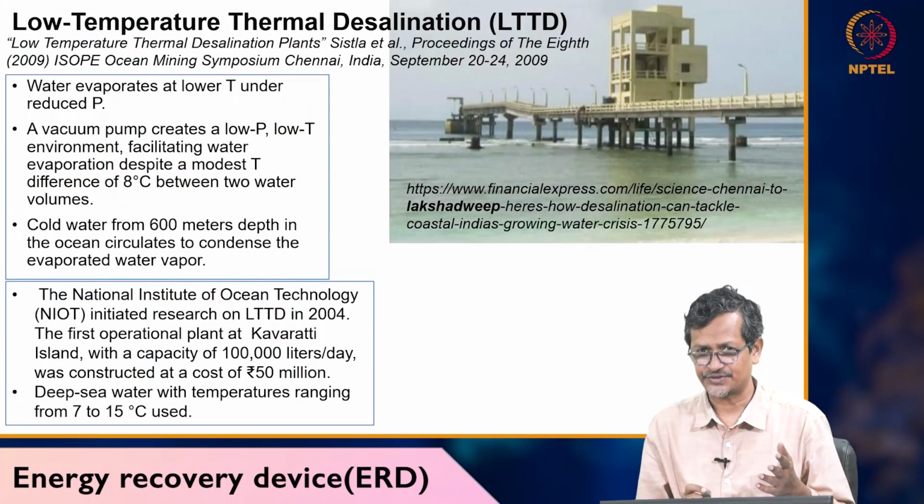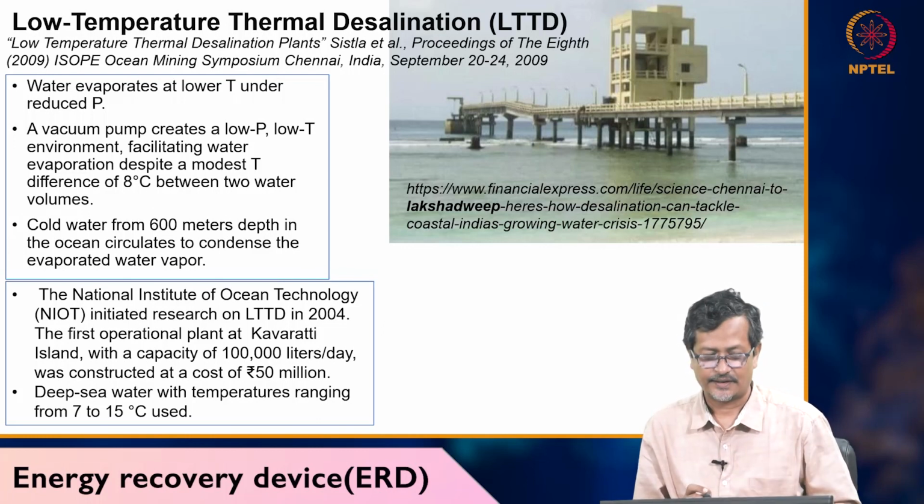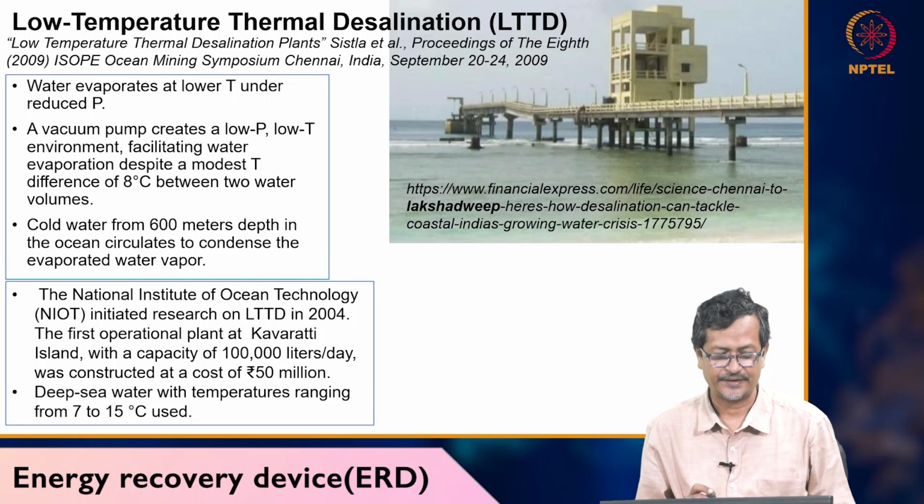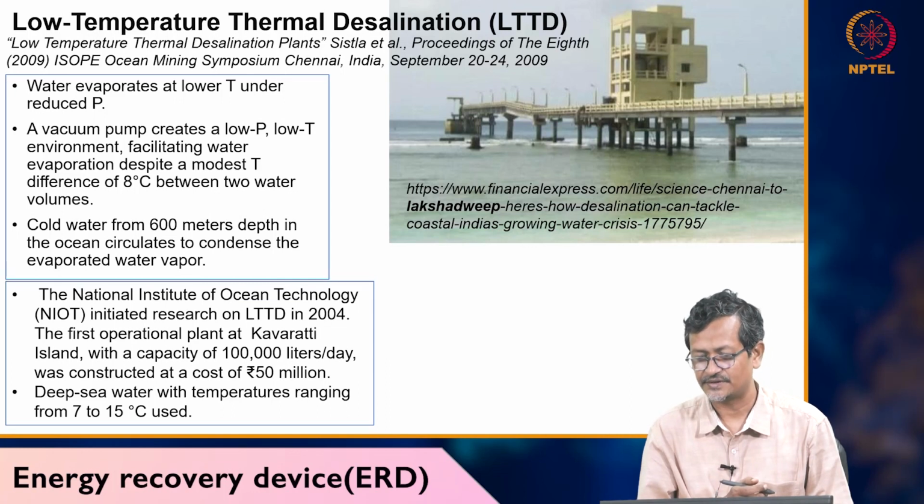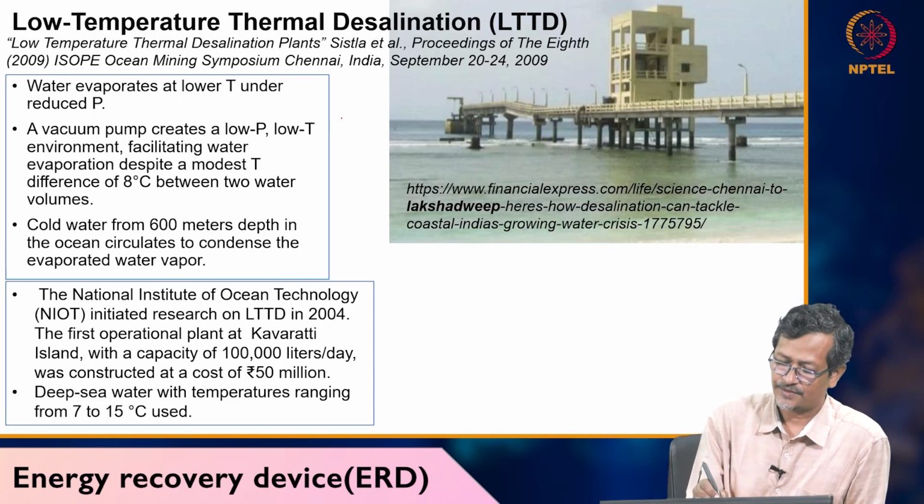Where are the other applications offshore where you can generate desalinated water? Lakshadweep area: NIOT, National Institute of Ocean Technology in Chennai, designed a low temperature thermal desalination system using ocean thermal energy. How? You have the sea surface, you have the sea bed.